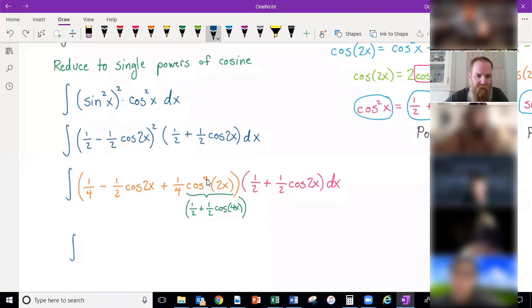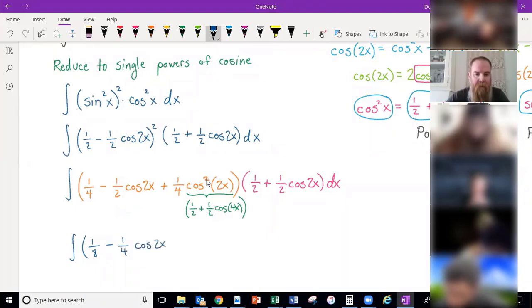All right, so 1/4 times 1/2 is 1/8. Minus, multiply this by 1/2, and we get 1/4 cosine of 2x. Multiply this last term by 1/2, and we get plus 1/8 cosine squared of 2x.